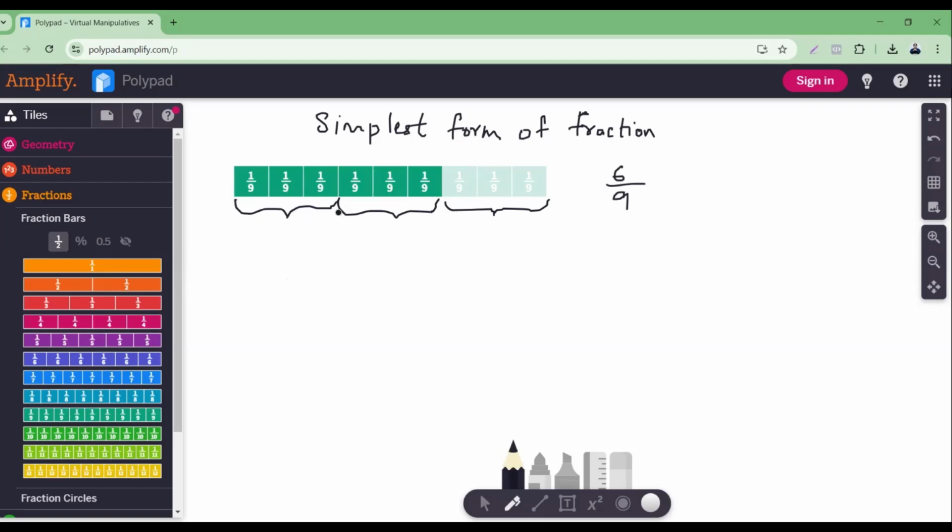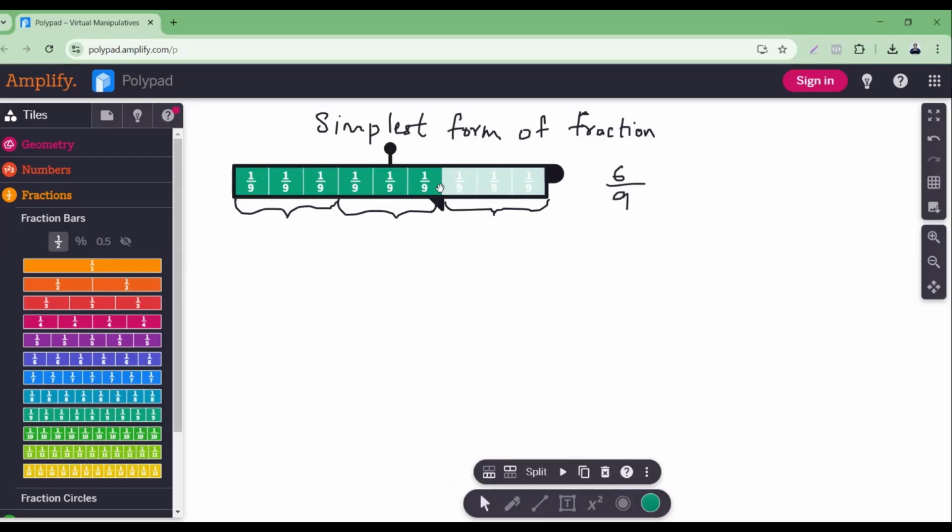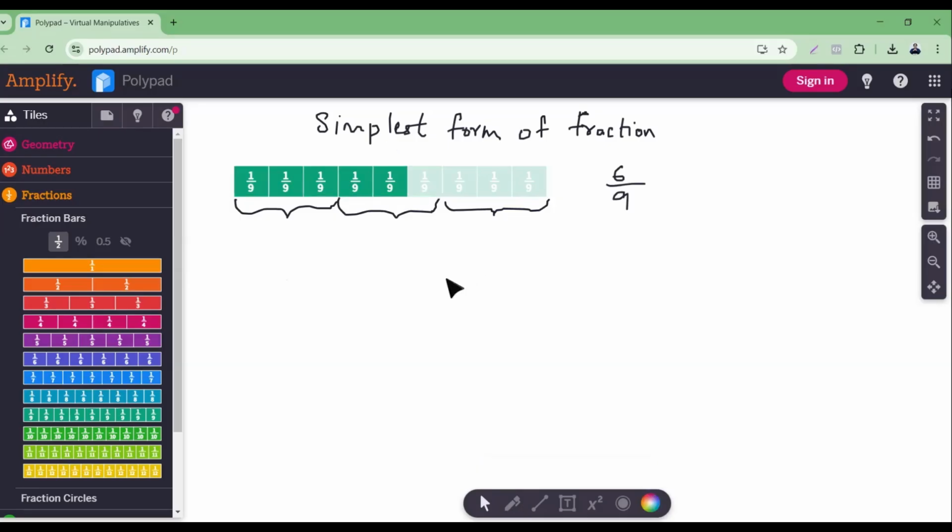If five were colored or something like that, I would not be able to do that. For example, if I take four as one group, I may not be able to get it.